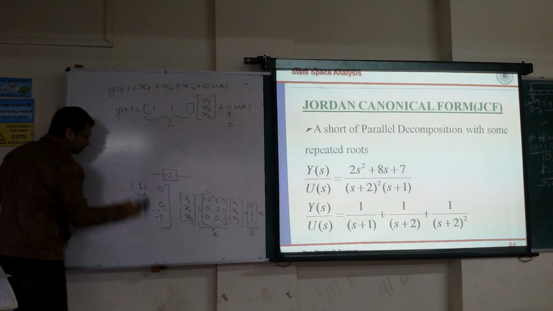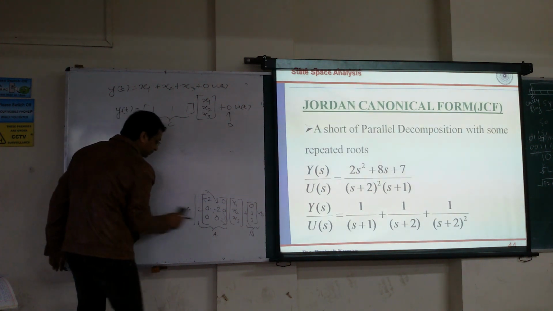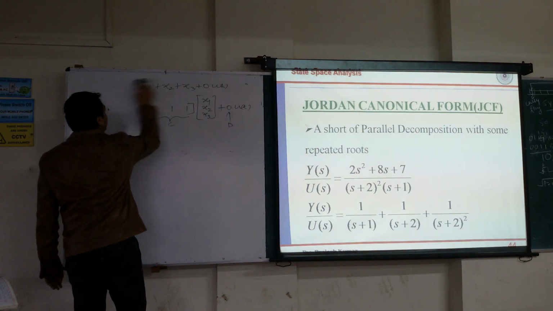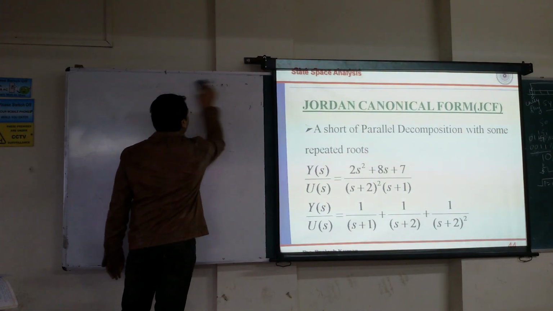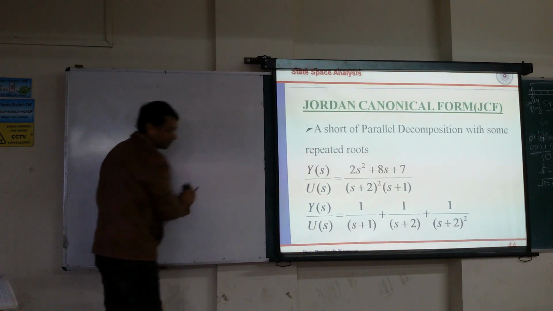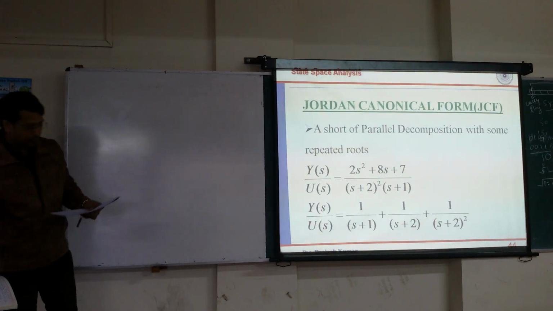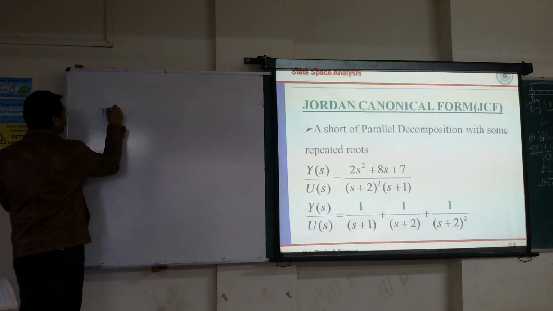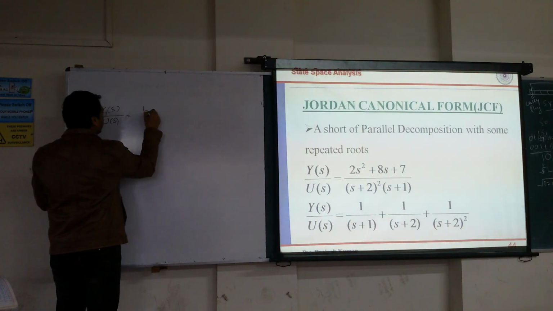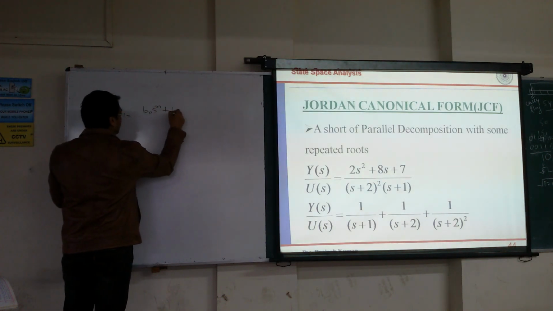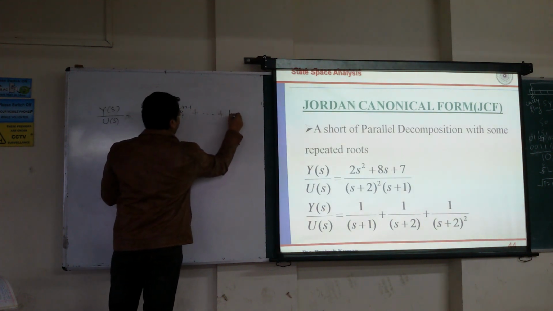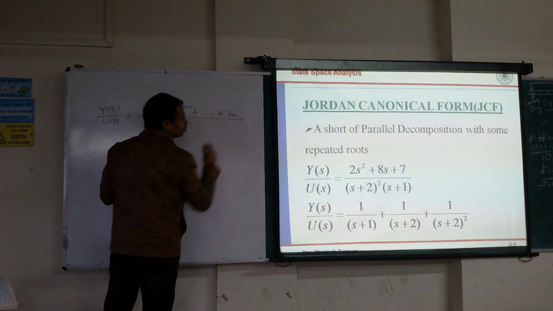Let us generalize this particular concept. Suppose we have Ys upon Us equal to d naught s to the power n plus d1 s to the power n minus 1 up to bn, and in the denominator some roots are repeated.